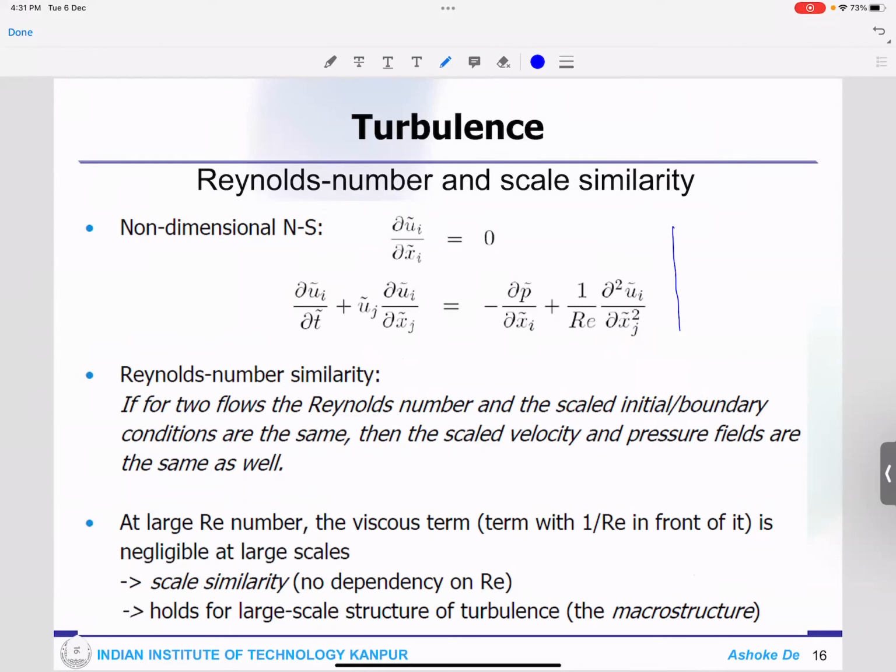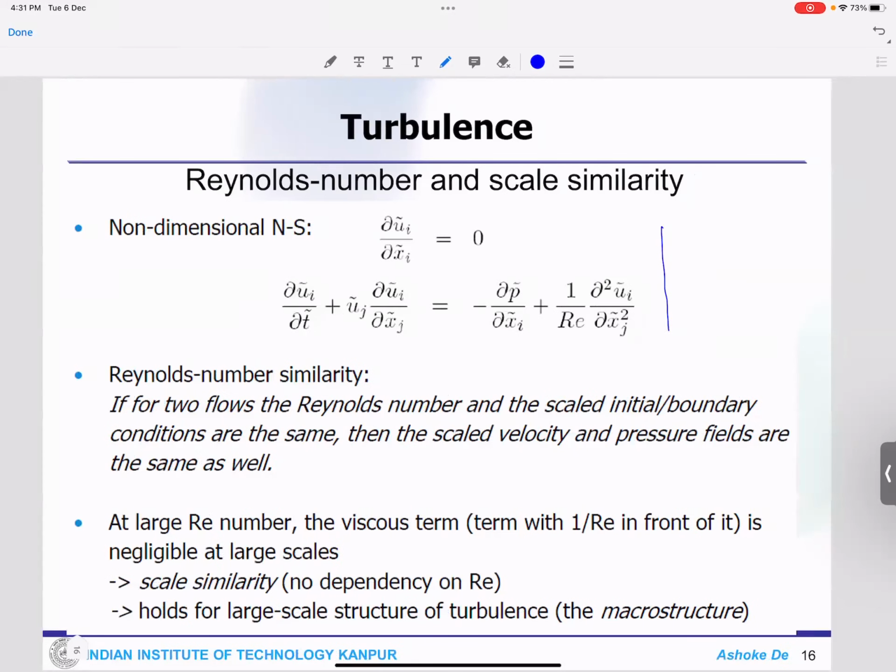But when you go to large Reynolds number, the viscous term can be negligible at the large scale. So there is a scale similarity because there is no dependency on the Reynolds number, and also there is a macro scale structure similarity.